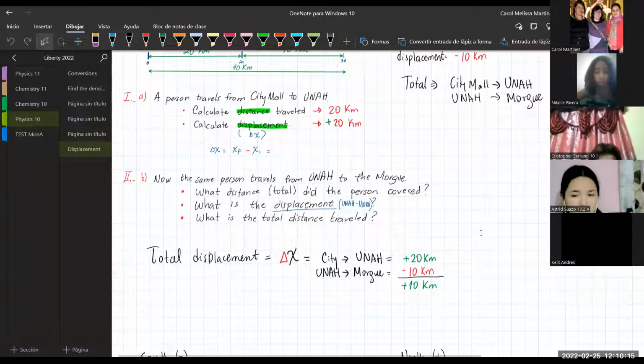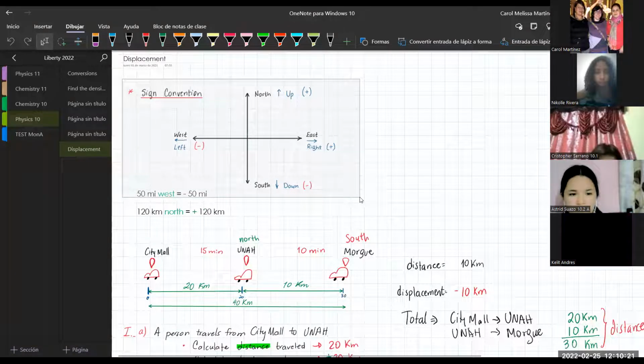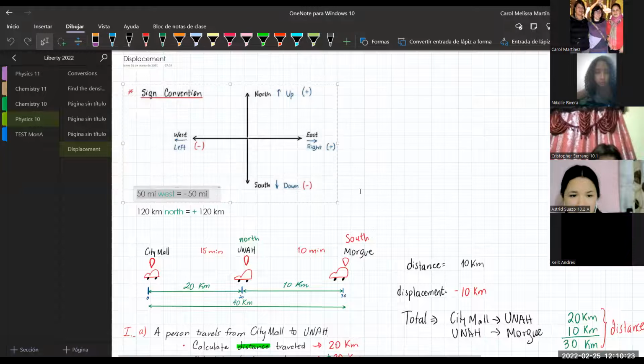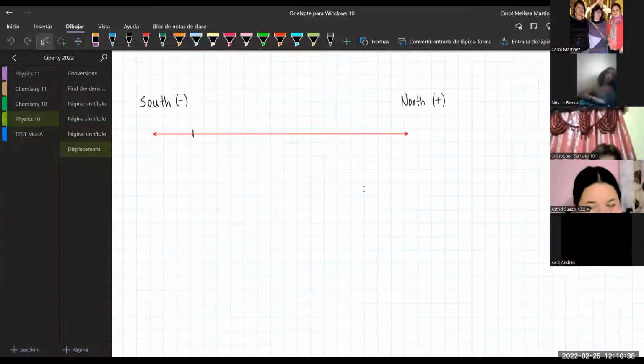Why? Because we are going to consider the signs from the sign conventions that I'm giving you right here. And this is important because in the graphing of average velocity, you need to also consider the signs. So imagine that a person is right here.